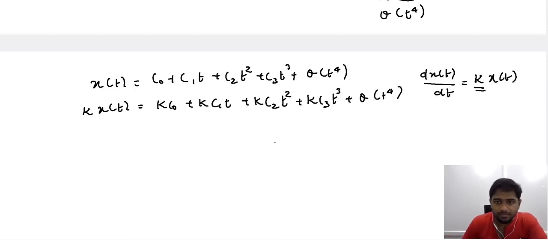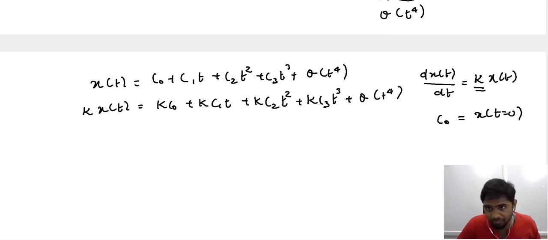Now, consider this C0 in this expression here and also in this expression here. C0 is a constant that x assumes when t is equal to 0. So in that case, C0 is nothing but the initial condition x0.